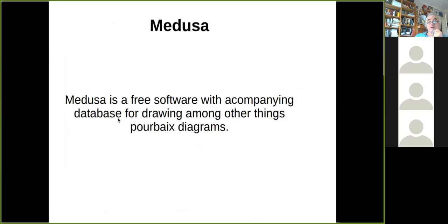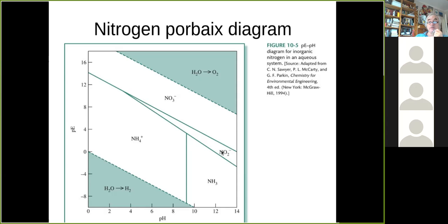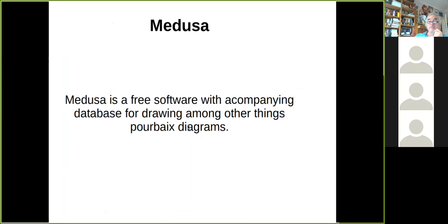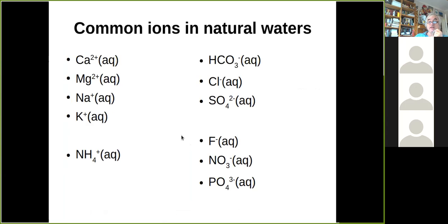Medusa should of course be used for drawing these diagrams. You shouldn't learn to draw them otherwise, but we'll practice a little bit on that. This is actually also valid not only for fertilizers, but for any other ions.